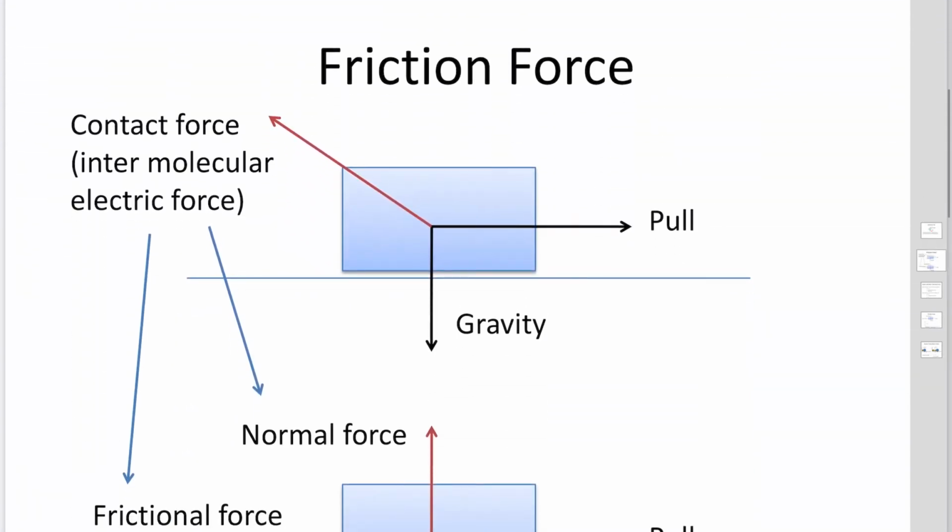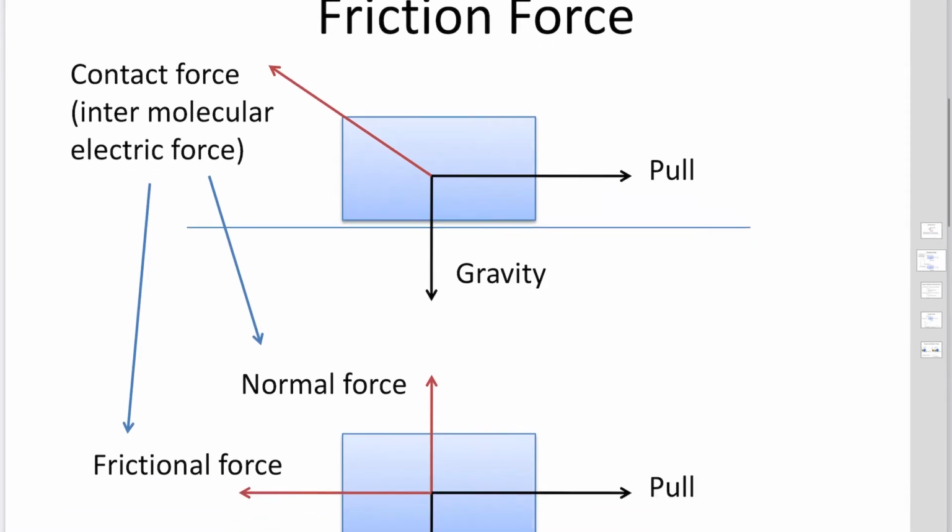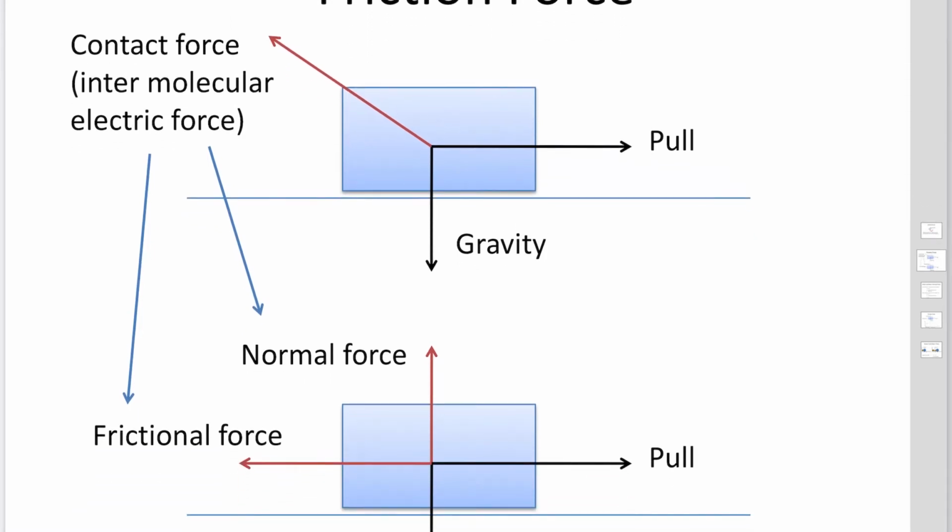The next one is the friction force. This is also a contact force based on the intermolecular electric force. If we place an object and pull it, usually the object doesn't move, if the mass of the object is really heavy. Then this object doesn't move, so this means the total net force has to be zero.